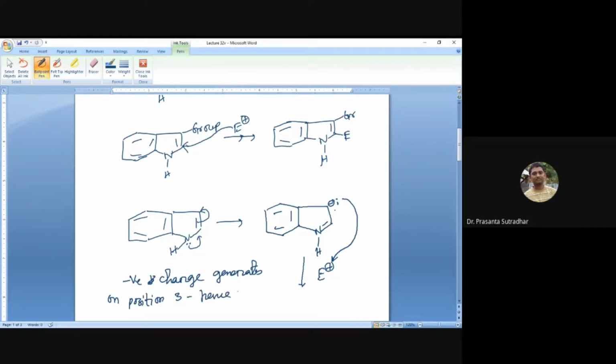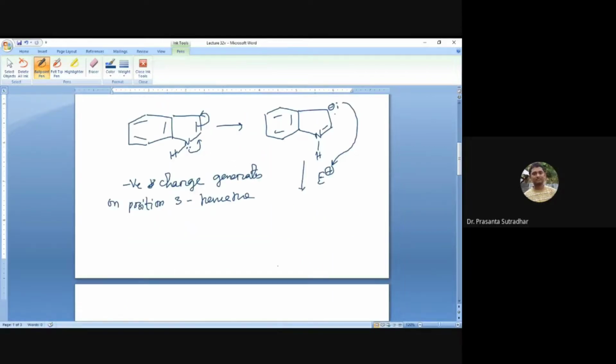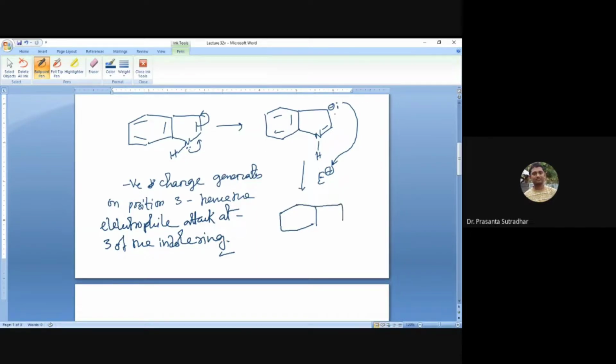Hence, the electrophile attacks at 3 of the indole ring. Okay, so here I will get the product with the electrophile.